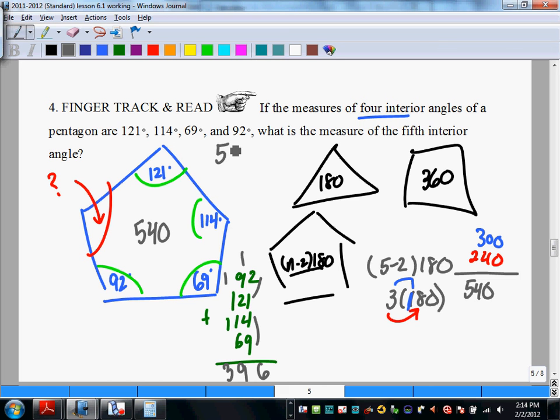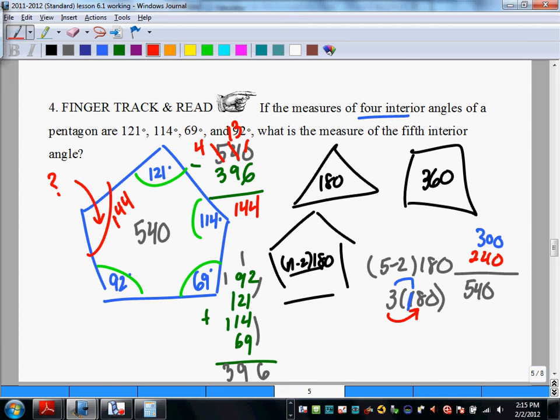That's very good. So we have 540 minus 396. Alrighty, and that's how you do that. You analyze what you have and what you need.